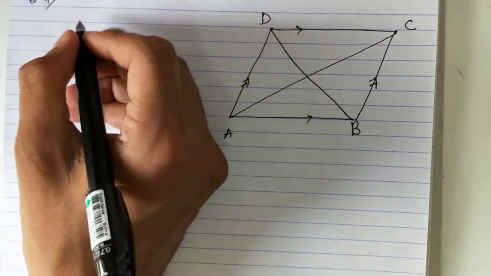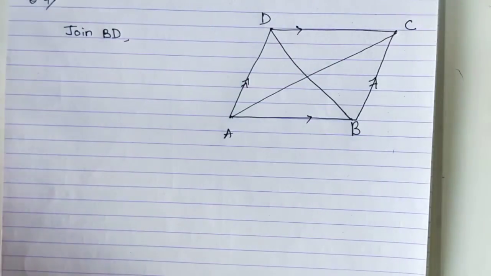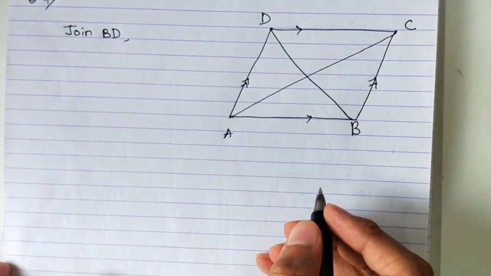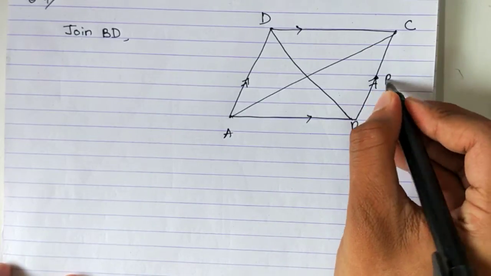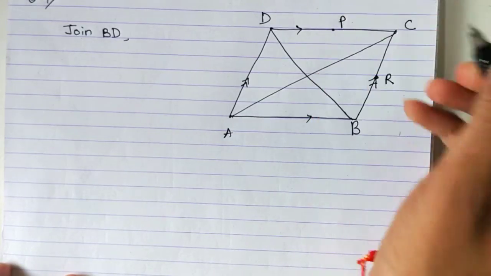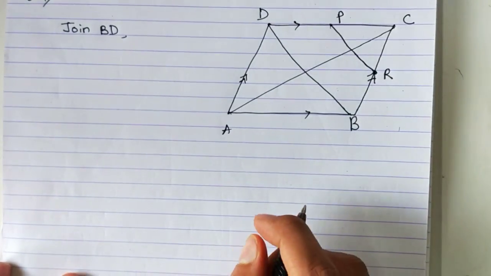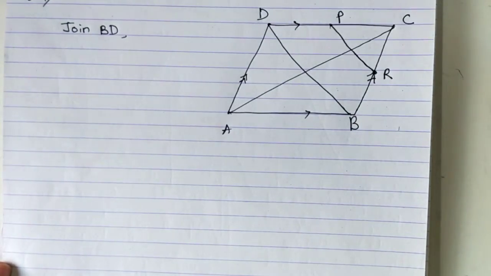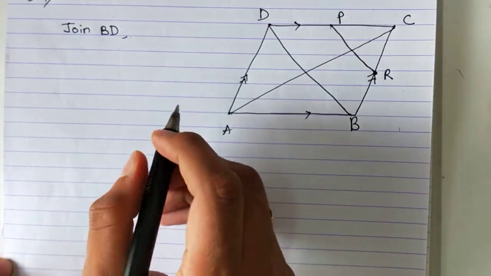So I'll just write here, join BD, and they have joined PR. So here is R, here is P. This PR is joined. Okay. Draw the diagonal BD, that means join BD.